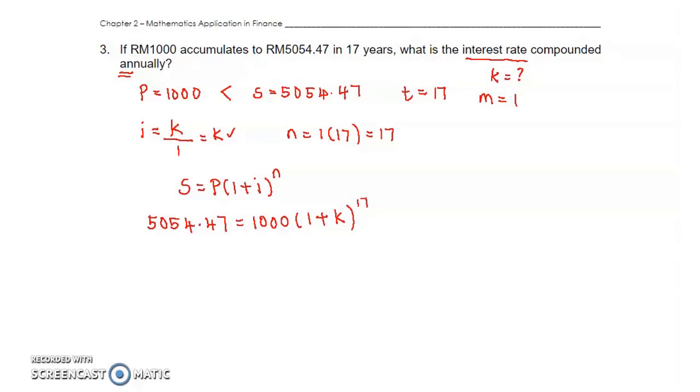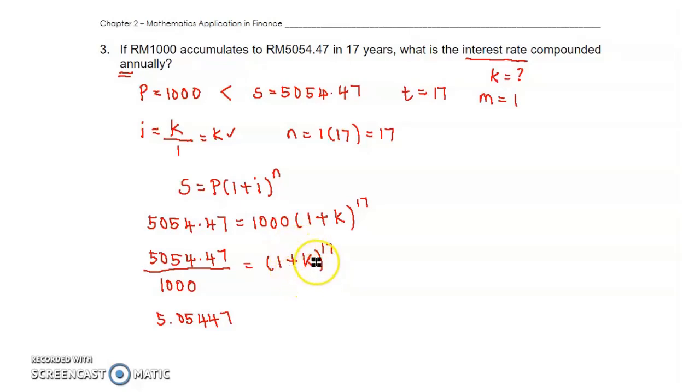Okay, bring 1,000 to the left-hand side. 5054.47 divided by 1,000. So on the right-hand side we have (1 plus K) to the power of 17. 5054.47 divided by 1,000, we will get 5.05447.